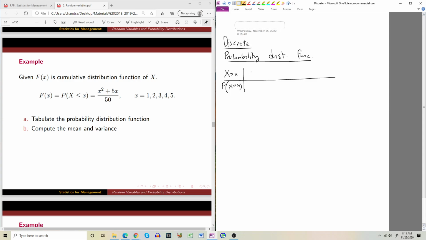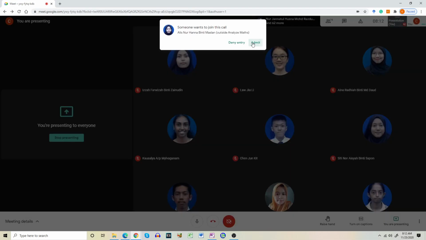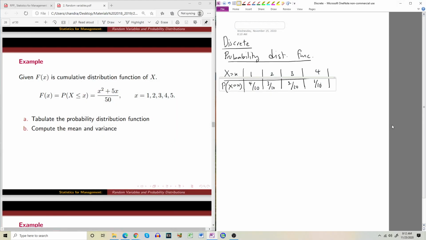Let's say here 1, here 2, 3 and 4. The probability here is 4 over 10, 3 over 10, 2 over 10 and 1 over 10. This is the normal probability distribution, the one we have gone through before.